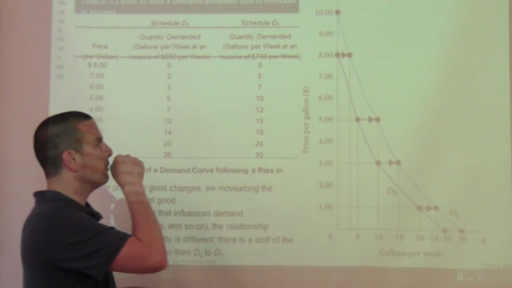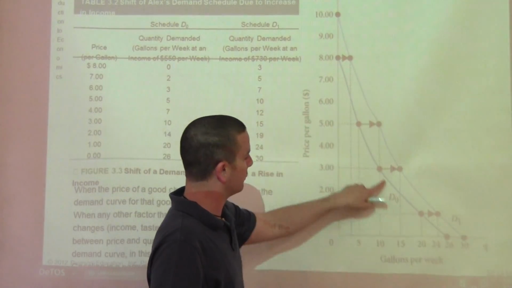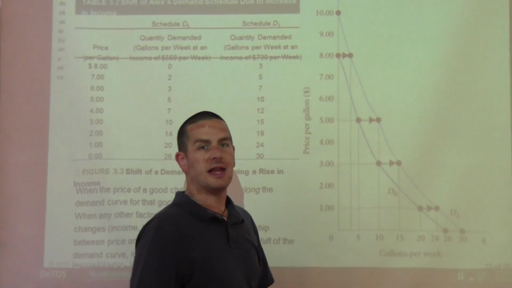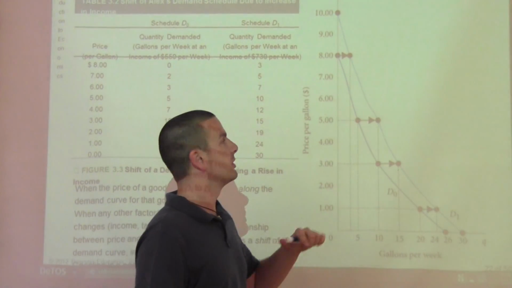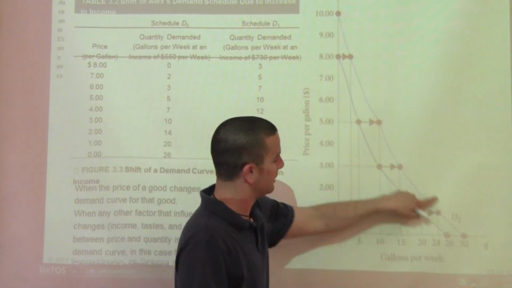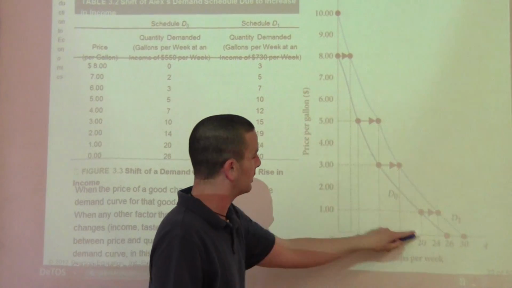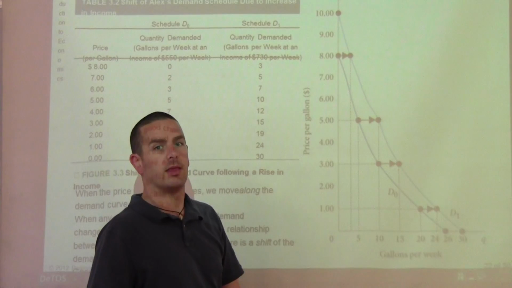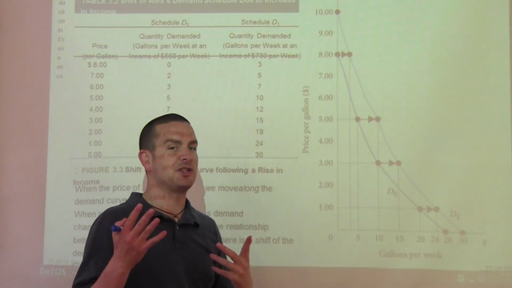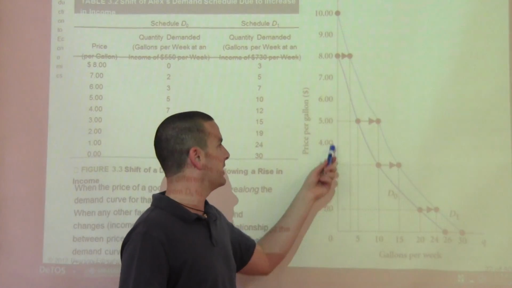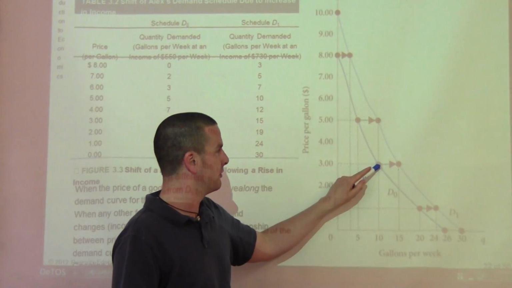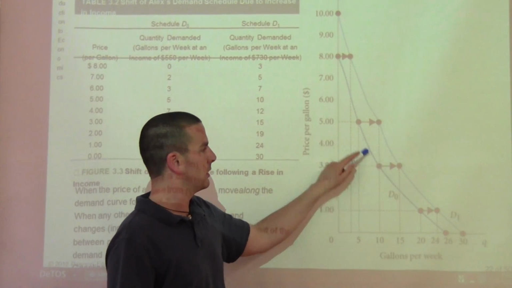This was our original demand curve, and income went up. So therefore, we shifted the whole curve from here to here. But if the price changed, the price goes from 3 to 5, then we're not going to shift curves. We're simply moving along the curve.